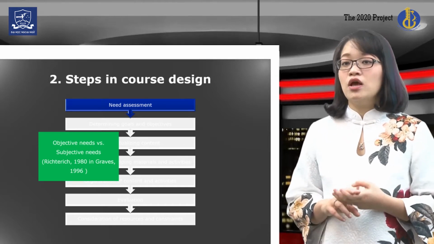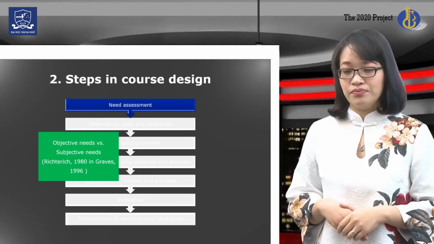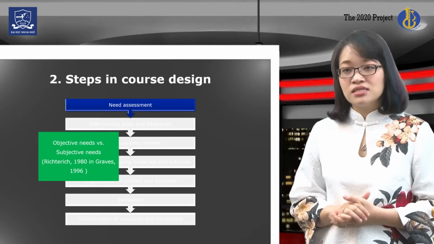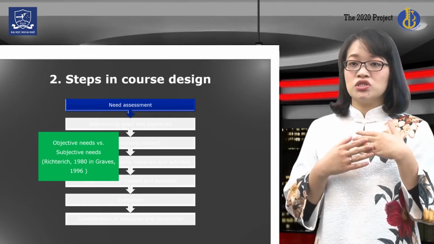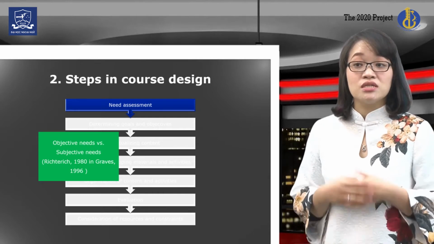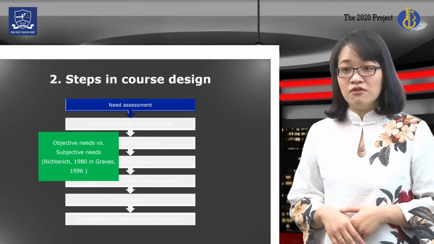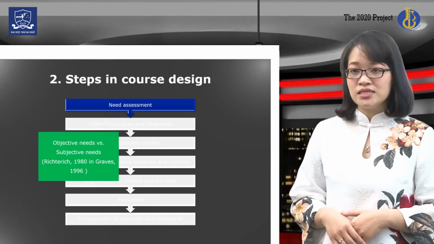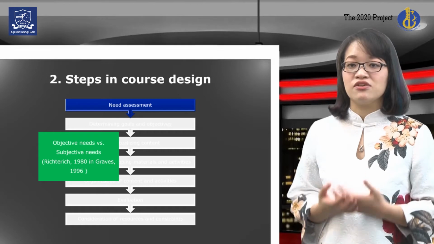And 3. Learners' needs of using English outside the classroom. Meanwhile, assessing subjective needs involves learners' attitudes towards the target language and culture, towards learning and towards themselves as learners, learners' expectations of themselves and underlying purposes in studying English, and learners' preferences of how to learn.